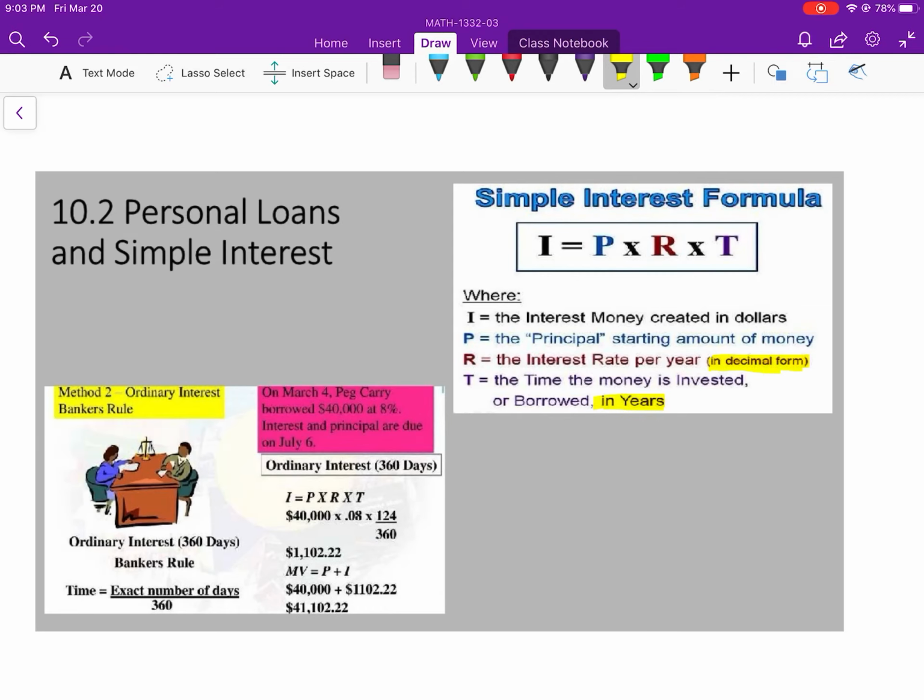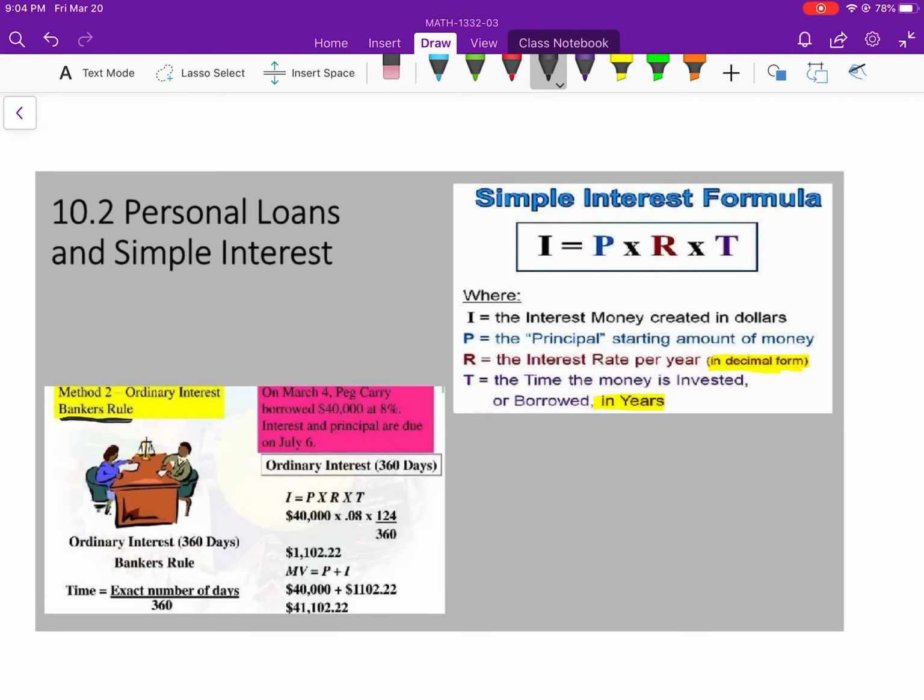Very important. There is a second part of this lesson, down here in the bottom left corner. This is method 2, which is the ordinary interest banker's rule. You're going to see some problems that may introduce the banker's rule, and I'll address those as we hit them.